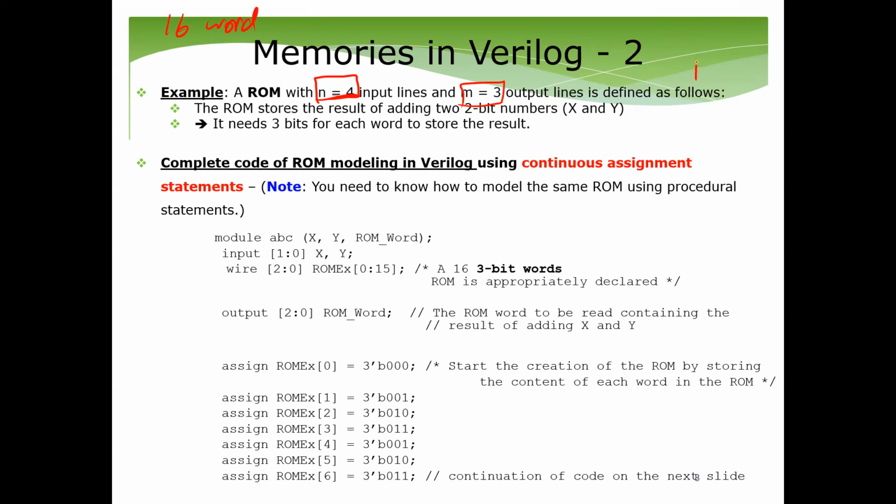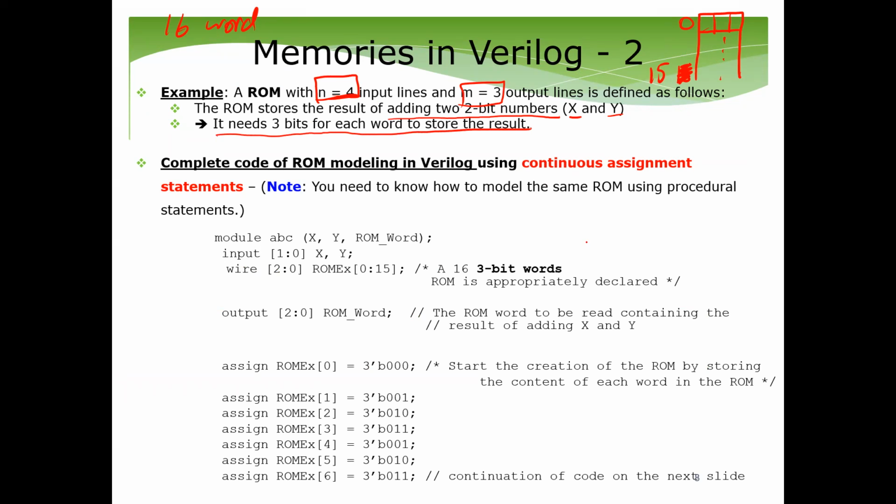If you want to draw the memory, it's going to be this way. I have 3 bits per word, and I have addresses from 0 to 15. So the ROM stores the result of adding two 2-bit numbers, x and y, and it needs 3 bits for each word to store the result.